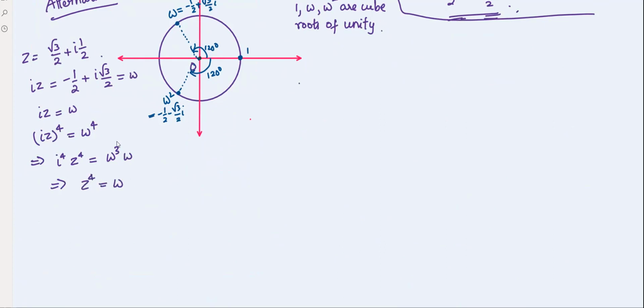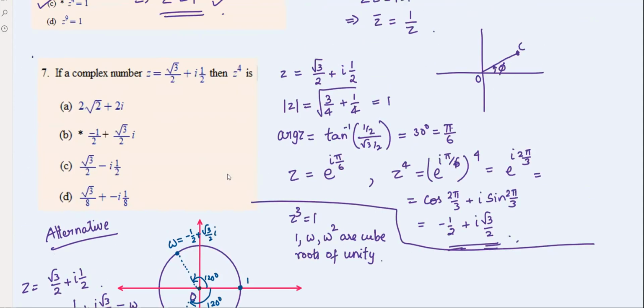I power 4 is 1. Omega cube, because omega is the cube root of unity, omega cube will be 1. So this is 1 and this is 1. So z power 4 is omega, which is minus half plus I times root 3 by 2. So this is the answer.